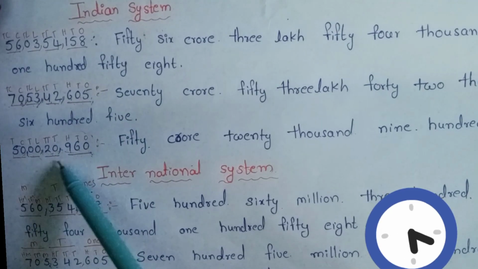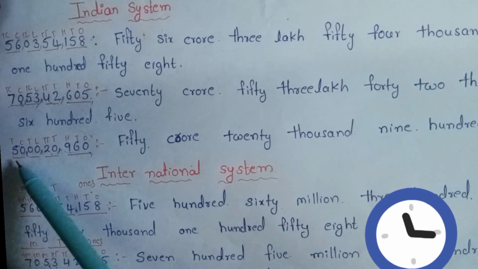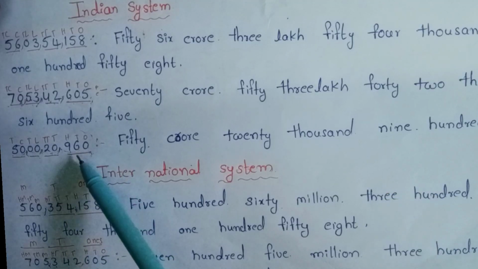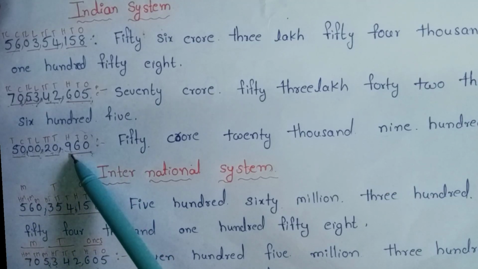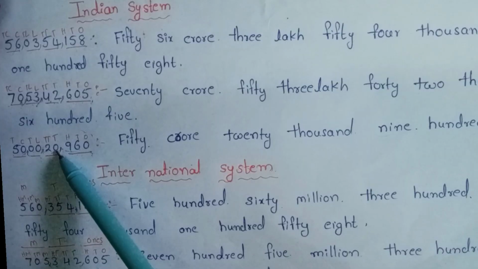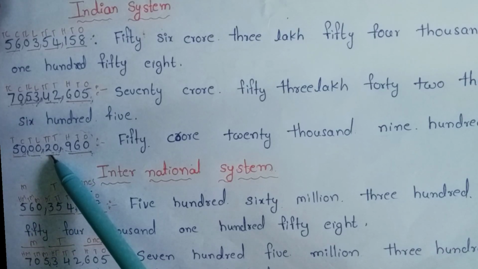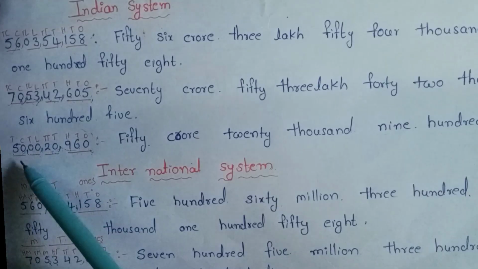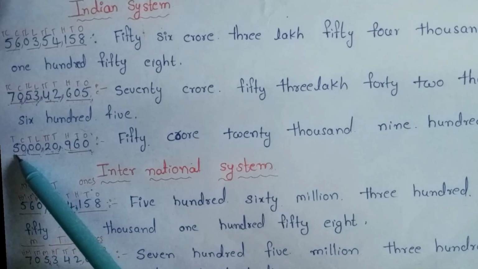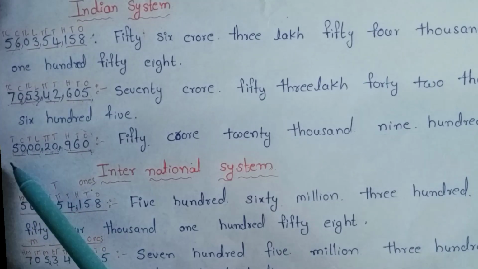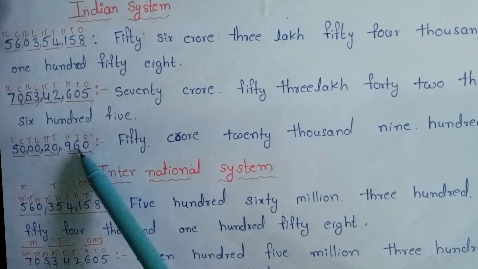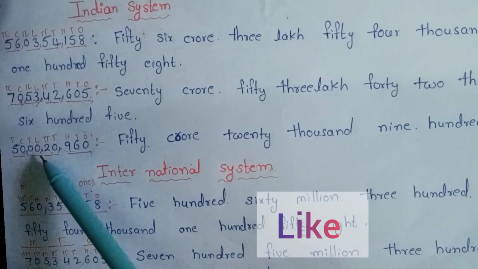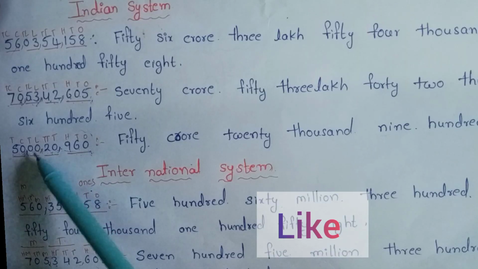Next one is another number: 500209 60. Ones 0, tens 6, hundreds 9, thousands 0, 10,000s 2, lakh 0, 10 lakh 0, crore 0, 10 crores 5. Now first ones, tens, hundreds, comma. 1000, 10,000, here also a comma.